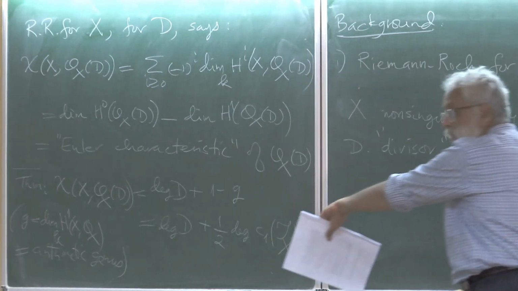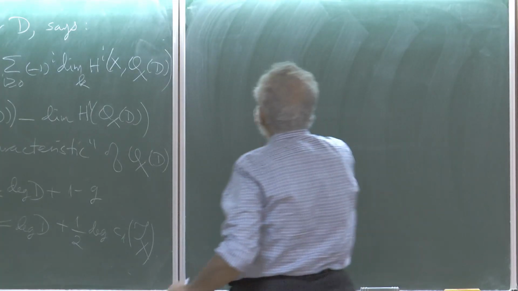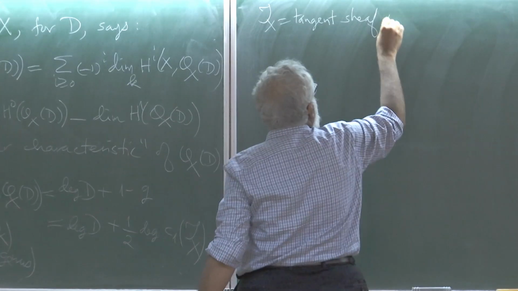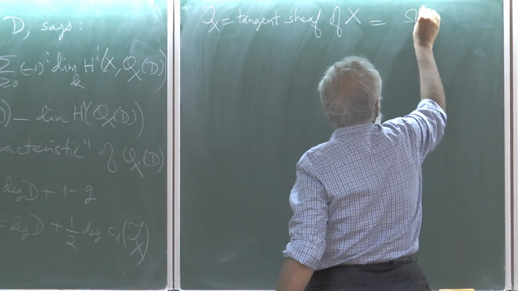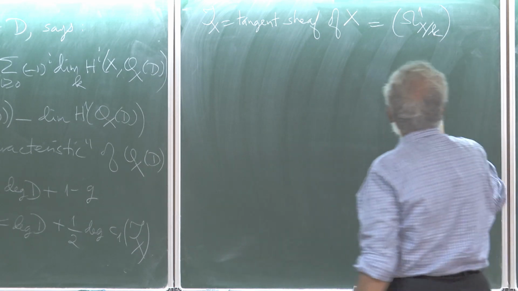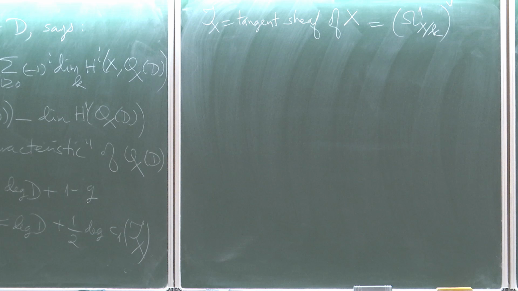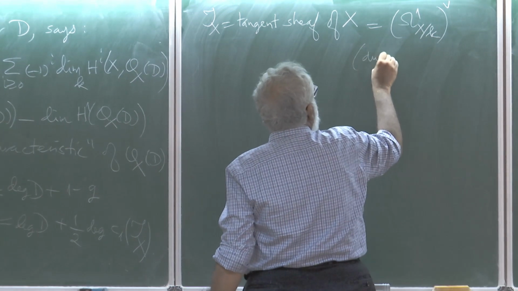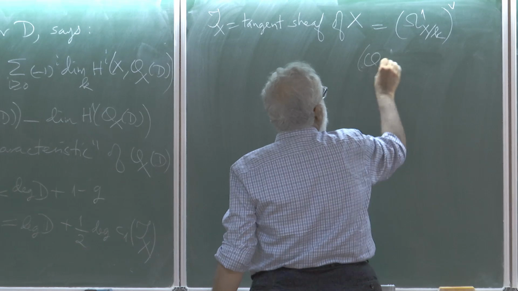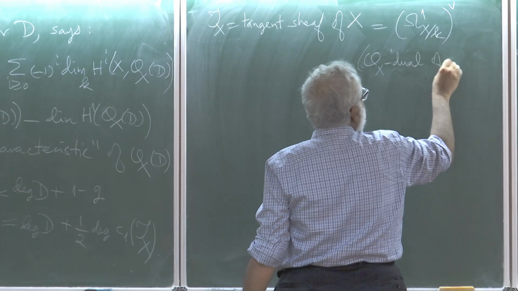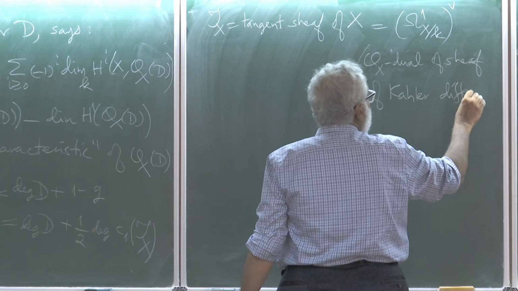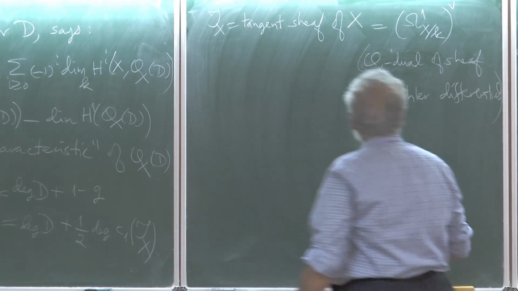This involved some new things here, T_X and c_1. So T_X is the tangent sheaf of X, which, if you looked at Hartshorne's book, you have the sheaf of scalar differentials of your non-singular curve X, and take its dual, the O_X dual of the sheaf of scalar differentials. That's called the tangent sheaf.